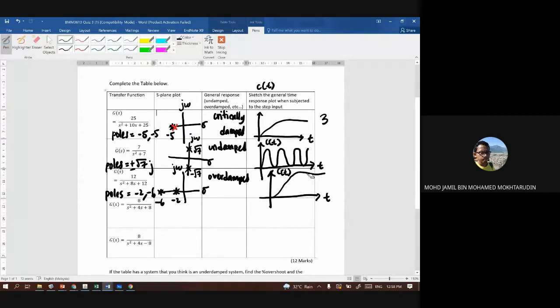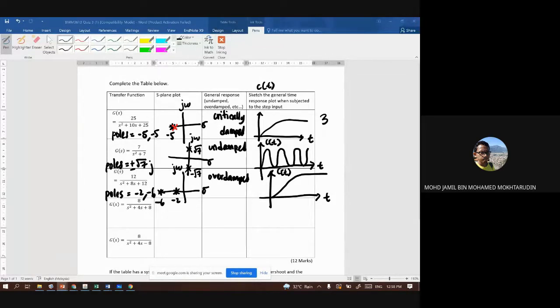There is no damping, no overshoot, sorry. Okay, and then lastly, the fourth one.